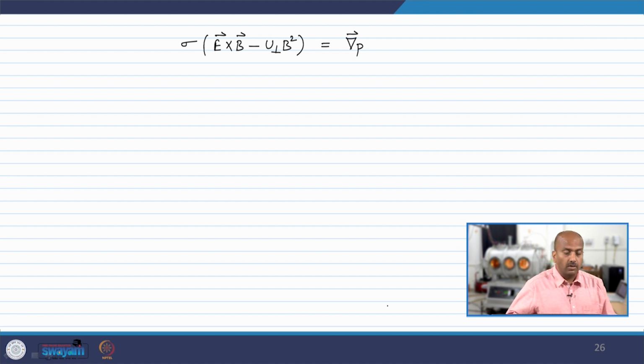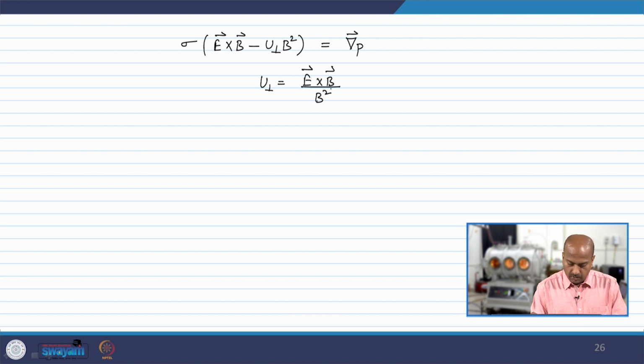Rather, it is actually good if you can work out some intermediate algebra steps that I intentionally skip. You will see that your mathematical abilities will increase. So, simplifying this, you will get U perpendicular equals E cross B by B squared minus del P by sigma B squared. So, what is U perpendicular? U perpendicular is the normal component of velocity.